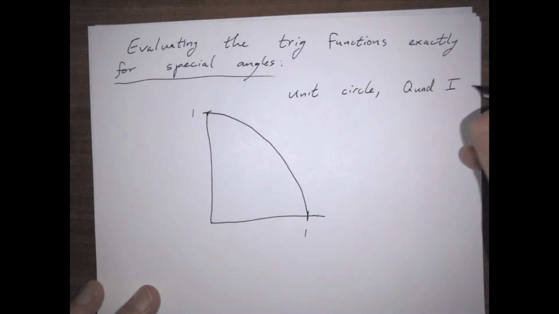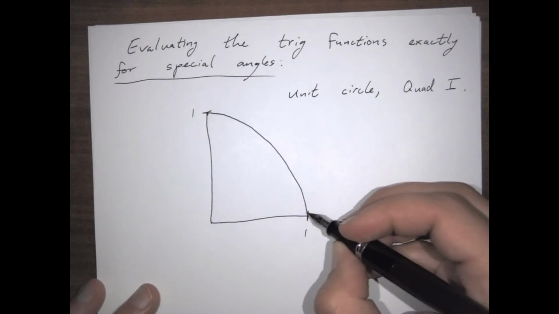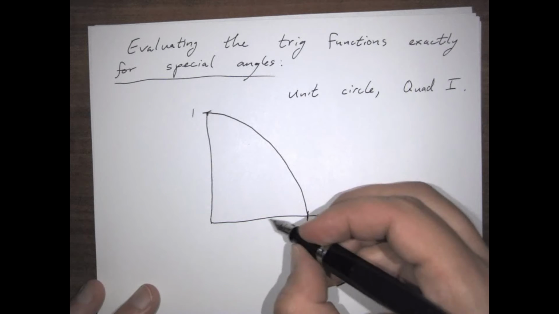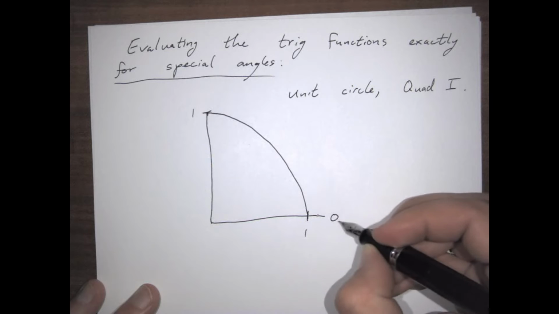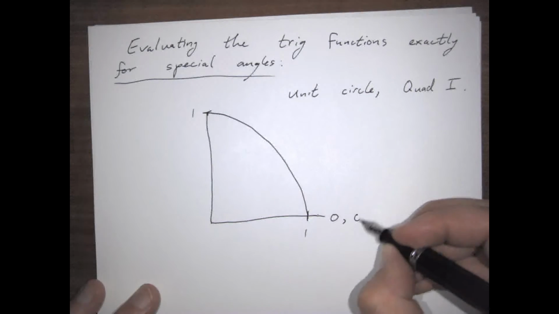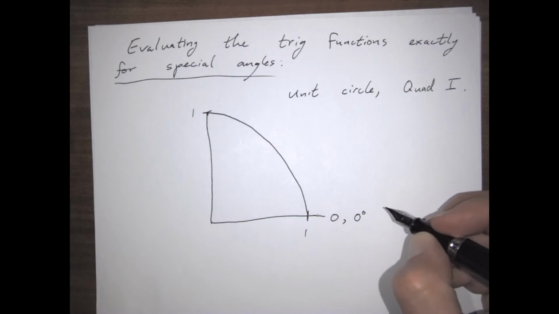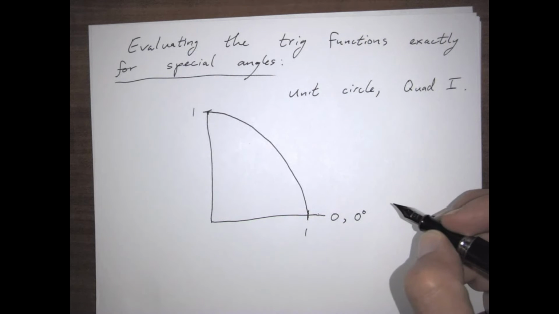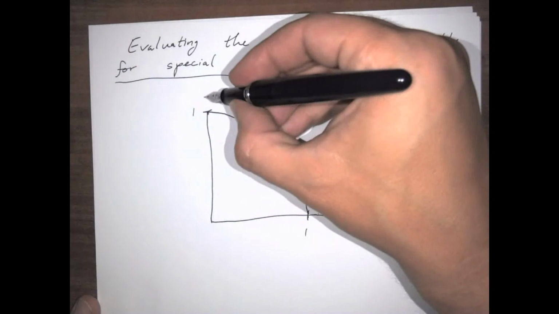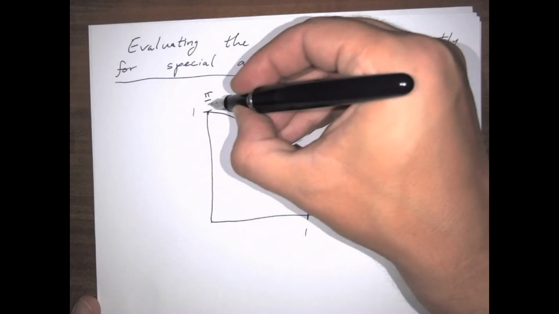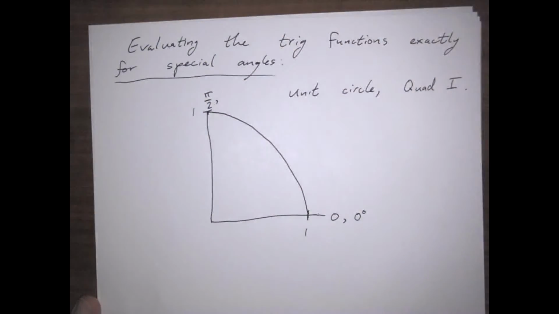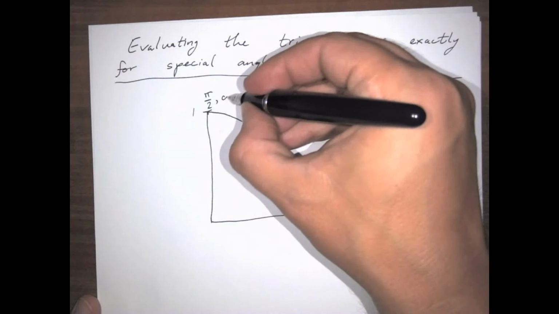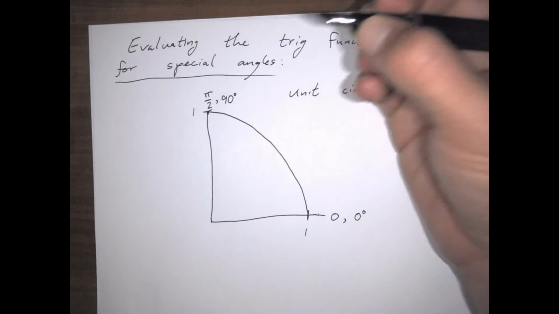All right, so the special angles that we will be investigating here will be the angles down here, like 0 or 0 degrees. So it's 0 whether you talk radians or degrees, it comes out the same. Here, which is pi over 2, you'll remember, in radians, or it's 90 degrees in the degree system.